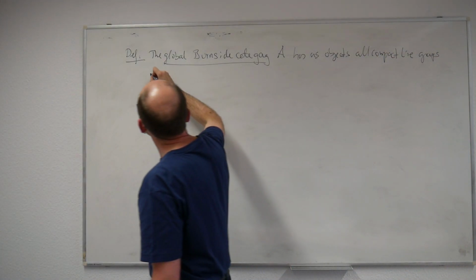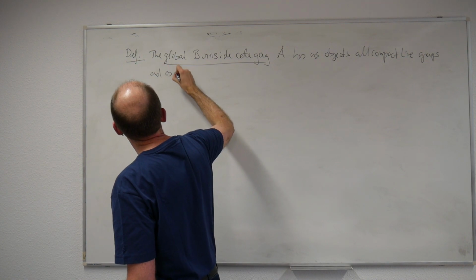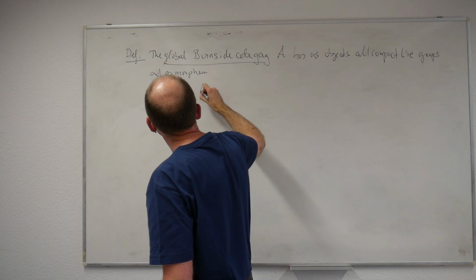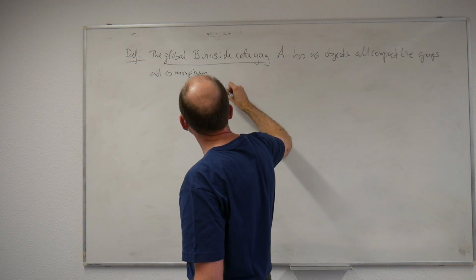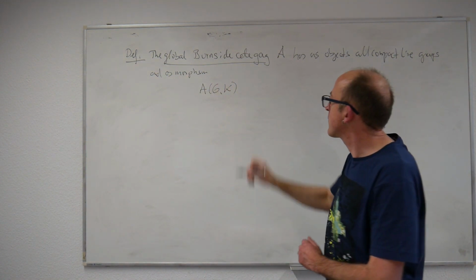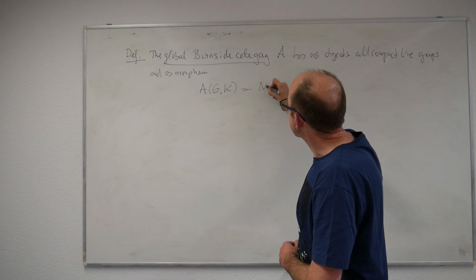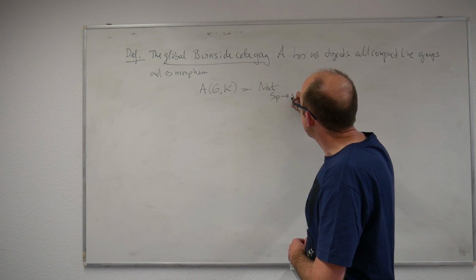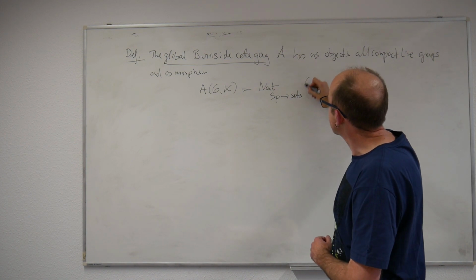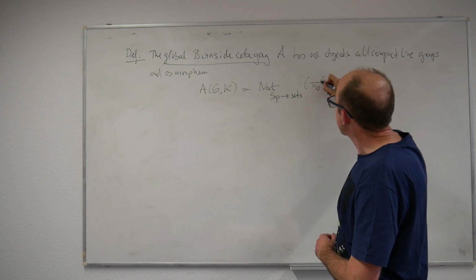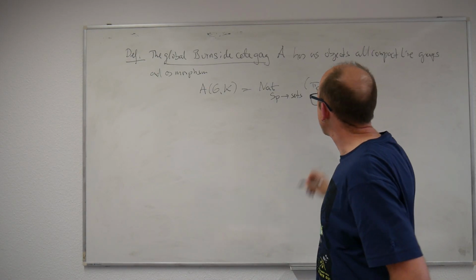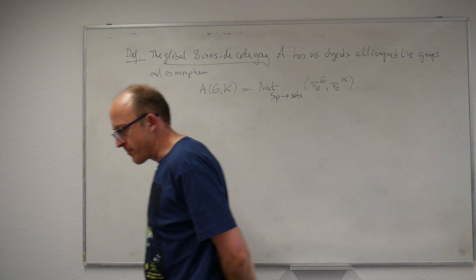And as morphisms, the following sets: A(G,K), the morphisms in the Burnside category from G to K. It's just the set of natural transformations of functors from orthogonal spectra to sets, from the equivariant homotopy group functor pi_0^G to the equivariant homotopy group functor pi_0^K.